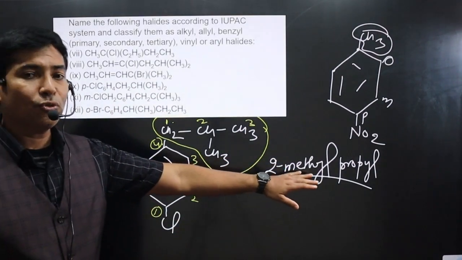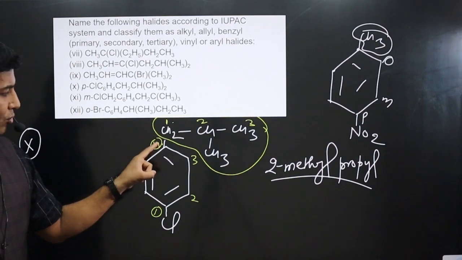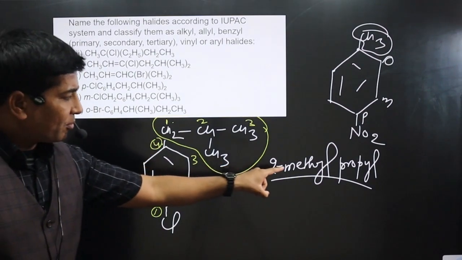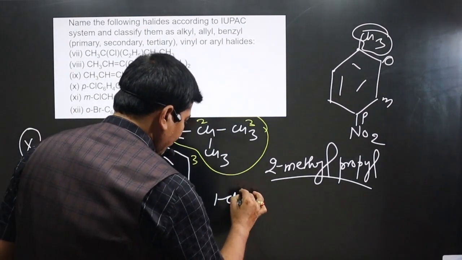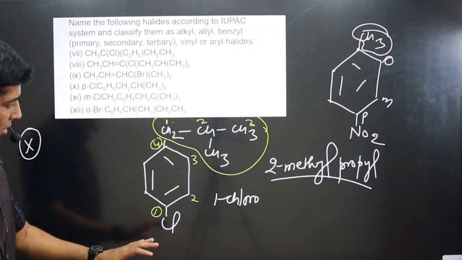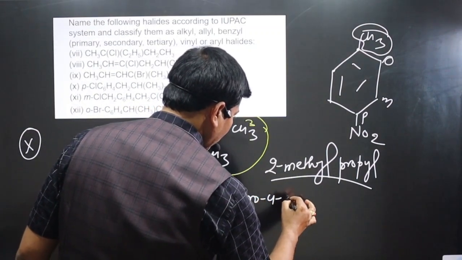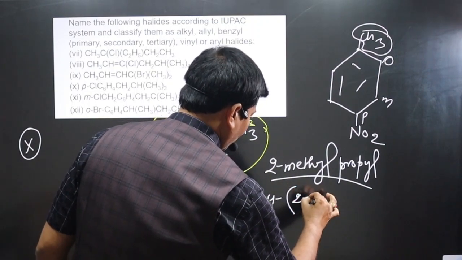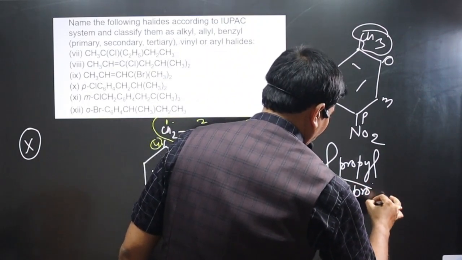But this group is attached to which carbon? 4th carbon. It starts with M and this starts with C, so the name will be 1 chloro, then 4 in the bracket 2 methyl propyl.